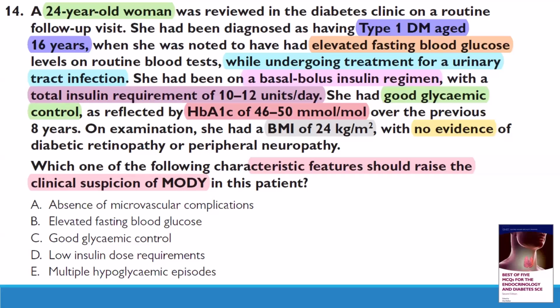Absence of microvascular complication, is it correct? No, actually, because with glucokinase there is no microvascular complication, but HNF1 alpha and 4 alpha have microvascular complications. So it is not unique for MODY. Elevated fasting, no, because glucokinase has mild fasting hyperglycemia. Good glycemic control, not. But low insulin dose requirement at this age, 24, with a normal body mass index, should increase suspicion of MODY. So the correct answer is low insulin dose.